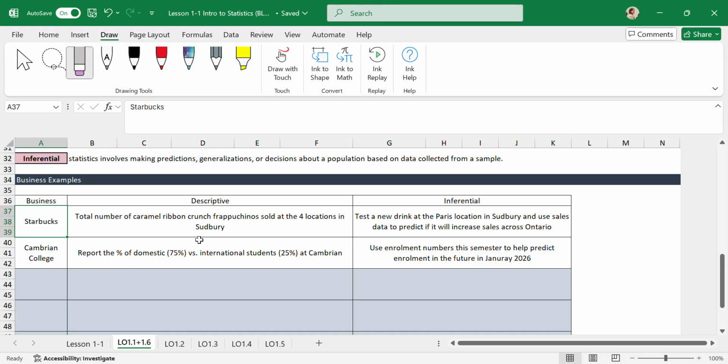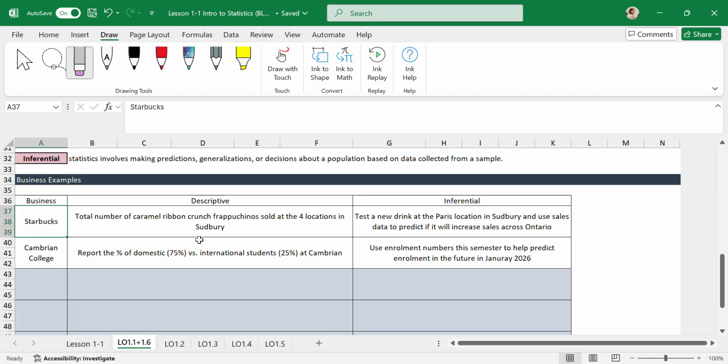So descriptive can be something as simple as counting, finding percentages, finding averages. The example I gave is if you count the total number of caramel ribbon crunch frappuccinos sold at the 4 Starbucks locations in Sudbury, that would be descriptive statistics. That's just one example. There are many, many others.